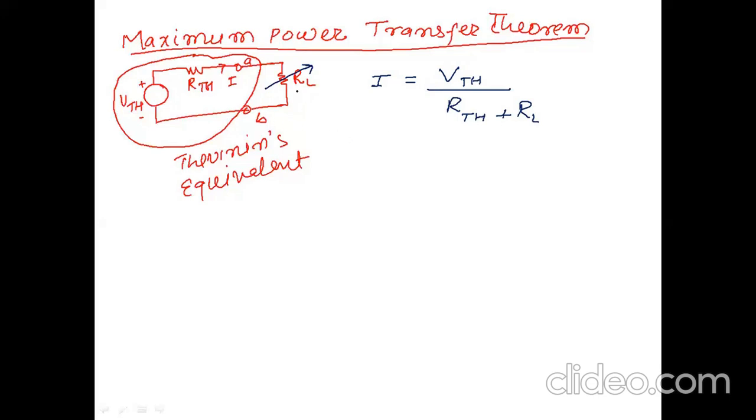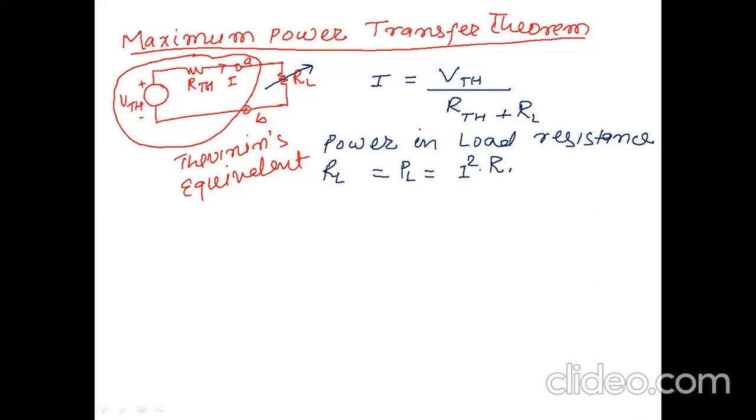Now what is the power in this resistance? Power in the load resistance RL is PL equal to I square multiplied by the load resistance RL.